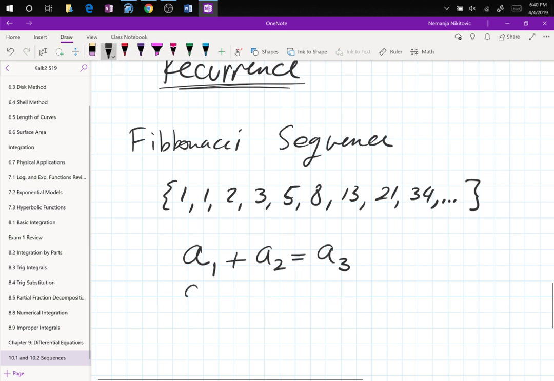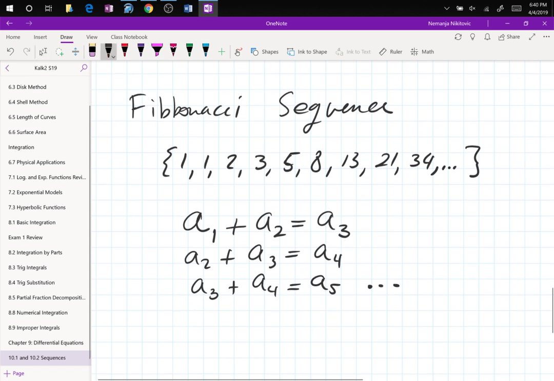Then you have A2 plus A3 is A4. A3 plus A4 is A5, going on. So do we all see that if you pick An and you add to it An plus 1, which is the next term, you will get An plus 2? Do we all see that?